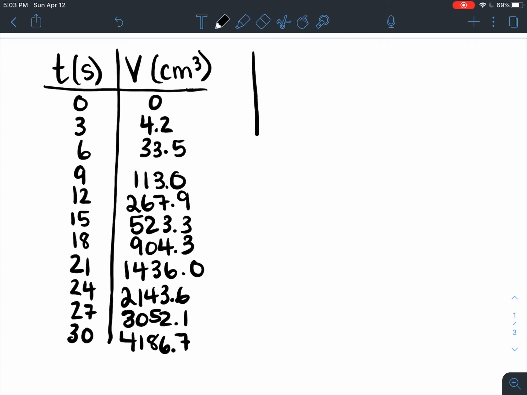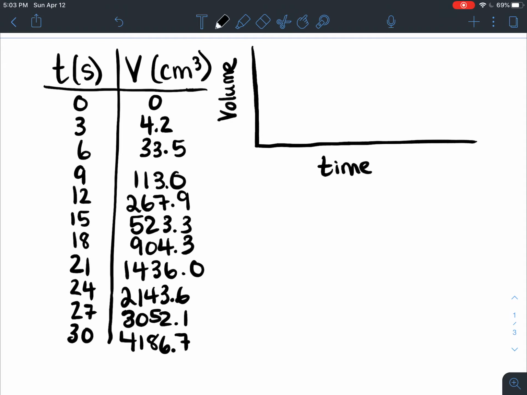If we were going to draw a graph of this information, which one would be our dependent variable? That would be volume, because volume is dependent on time. As the time increases, the volume of the balloons increases, because we're filling it up every 3 seconds. So volume is our dependent variable.